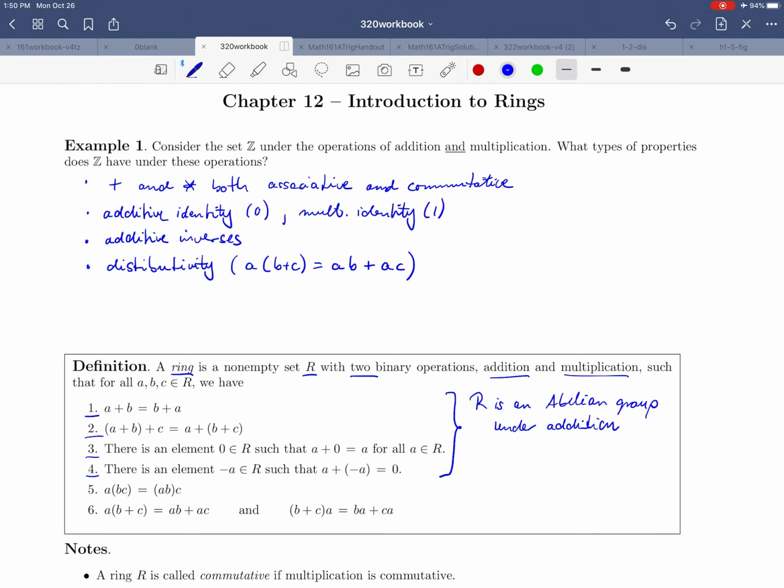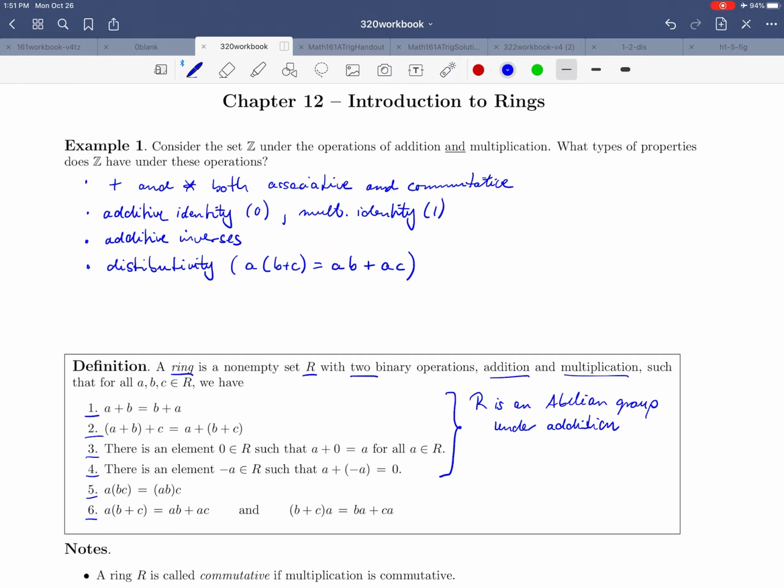And then we have 2 more properties that have to do with multiplication. Number 5 tells us that multiplication is associative. And then number 6 combines our 2 operations. It tells us that multiplication distributes over addition. So we have A times B plus C is AB plus AC.